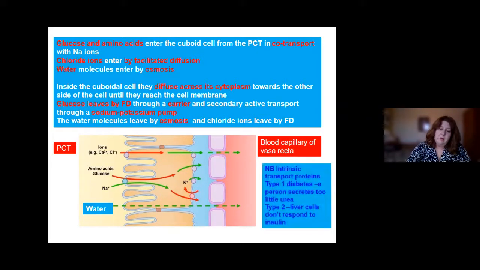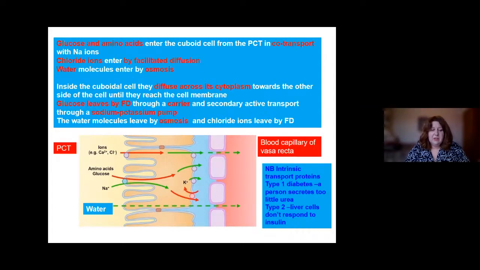While I'm talking about the proximal convoluted tubule, I'm bringing in the idea of type 1 and type 2 diabetes, even though I'm not going to talk a lot about it, because a classic sign that somebody has diabetes is the appearance of glucose in the urine. So the glucose is not being selectively reabsorbed, as I've shown you there. That's because of the sheer number of those transport proteins in the membrane.